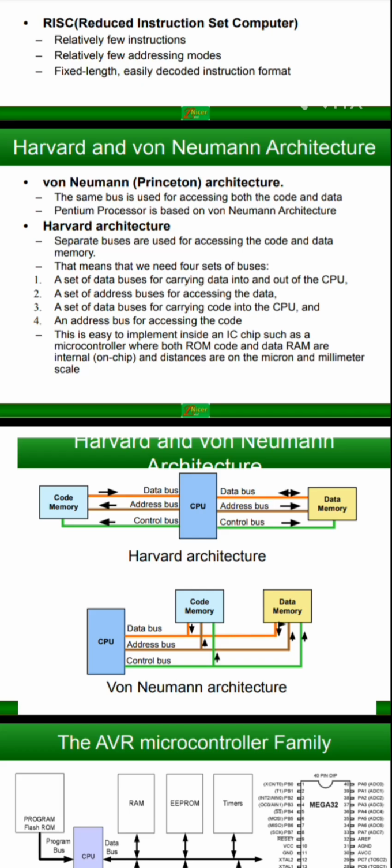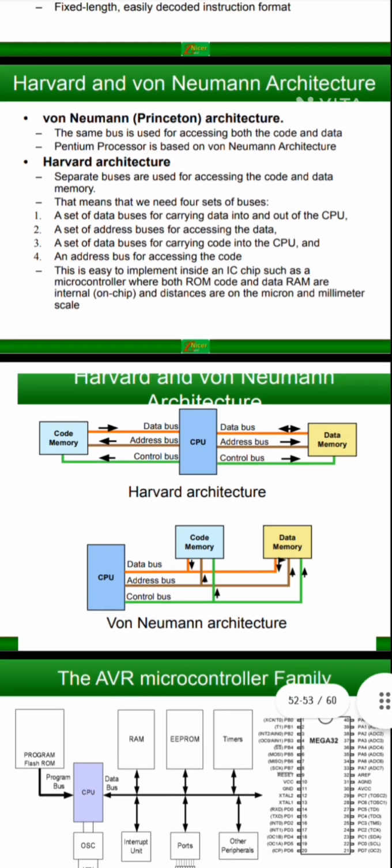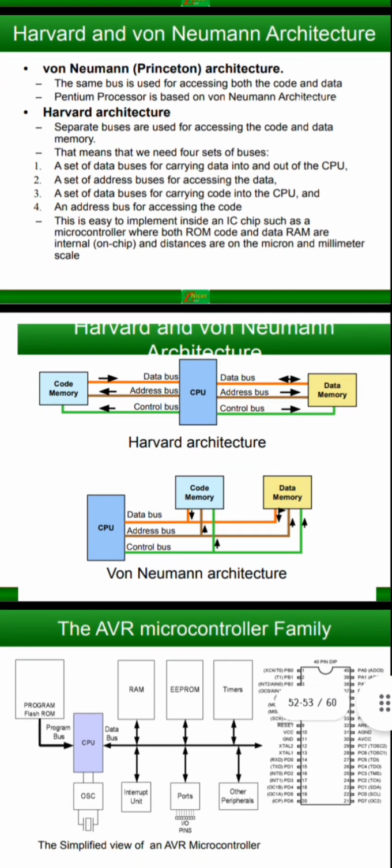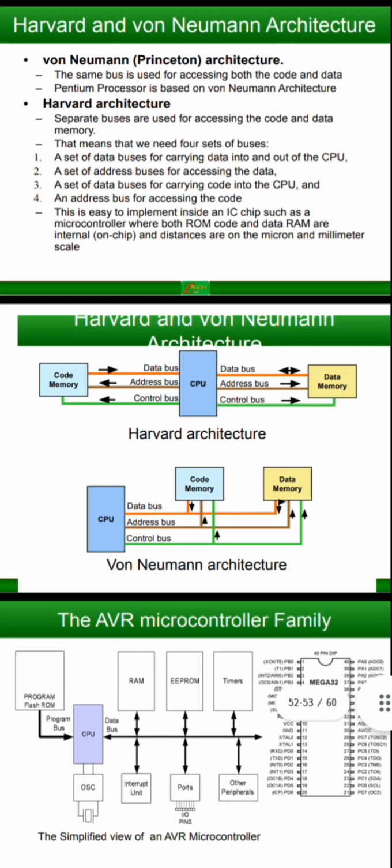Choosing a microcontroller depends on speed, packaging, power consumption, the amount of RAM and ROM on chip, the number of timers and input output pins on chip, cost per unit, availability of compiler, simulator, and debugger, and availability of the chip in the market.